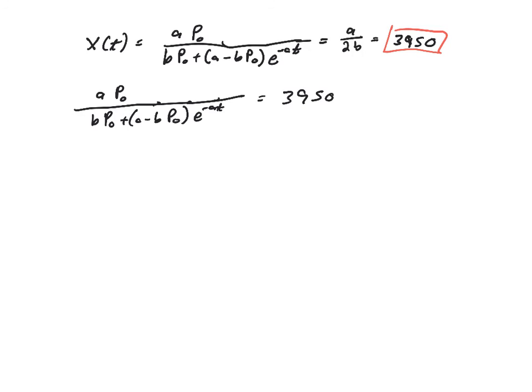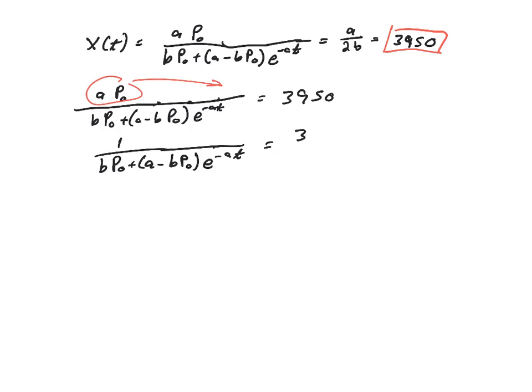3,950. So the first thing I'm going to do is put this on the other side. So I have 1 over B P naught plus A minus B P naught e to the negative AT. That whole thing is just going to be equal to 3,950 divided by A P naught.